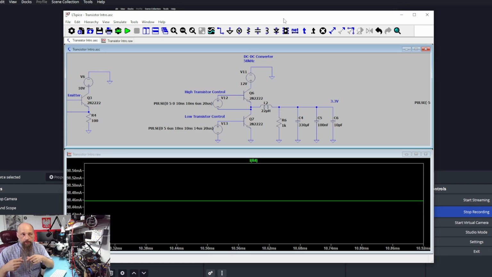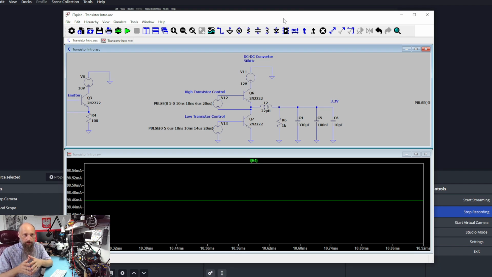As soon as the Q6 transistor closes, the Q7 transistor opens, connecting the coil to the ground, effectively discharging it. This is a very typical application of transistors, and normally you don't use bipolar transistors or transistors like this one. In this particular application, you use field effect transistors.